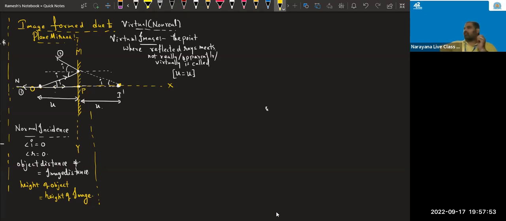So this image that you are seeing is what image? Real image. You can touch it, no? See, I touched it. So a real image means the image which you can capture or touch on the screen. In the theater, these are some examples of what? Real image. Understood or not understood? Say yes or no.